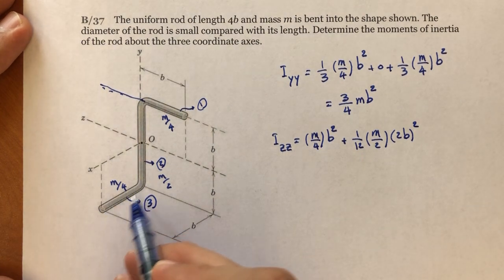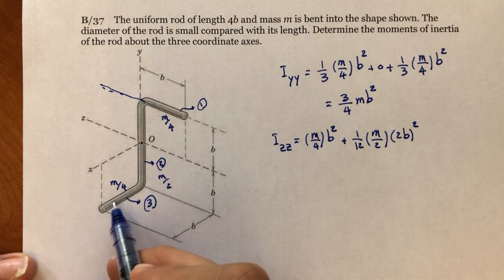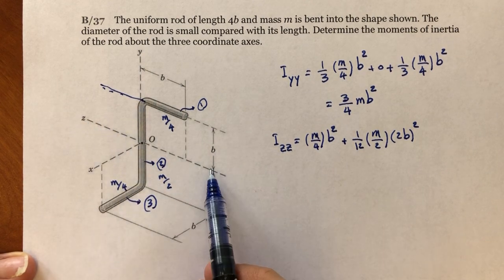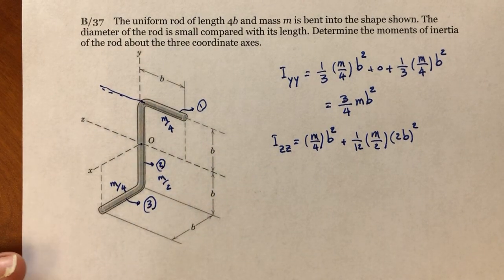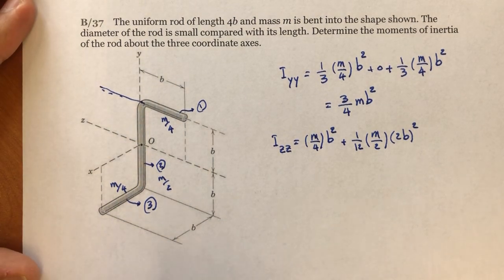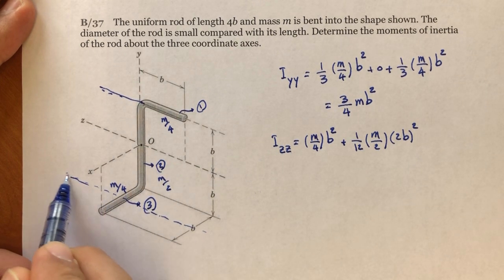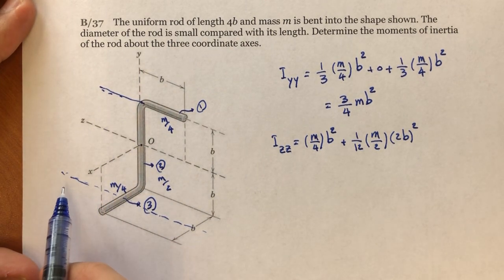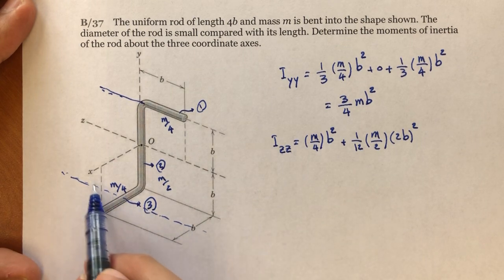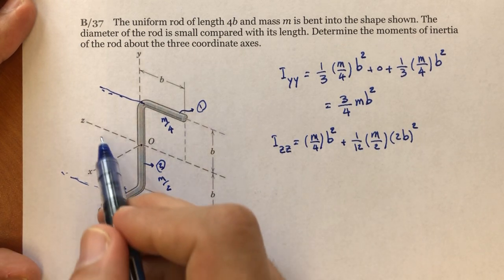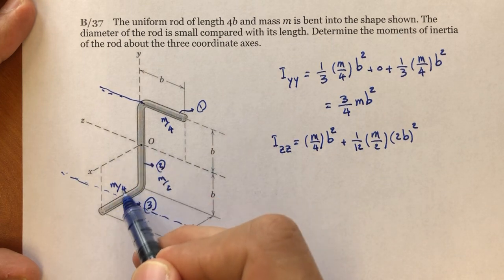And the last one, how about this one? What is the mass moment of inertia of this one about the z-axis? Again, you can solve this using different techniques, but probably one easy way is the parallel axis theorem. You need to find the mass moment of inertia about an axis passing through the centroid of your part and parallel to your target axis, which is z here. Then add mass times the distance squared between these two axes.